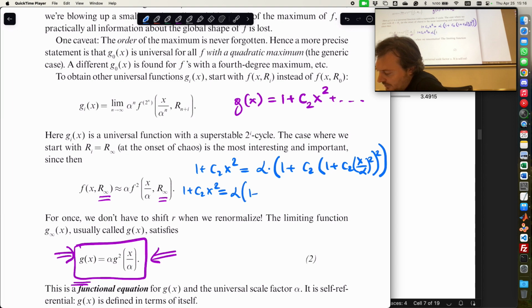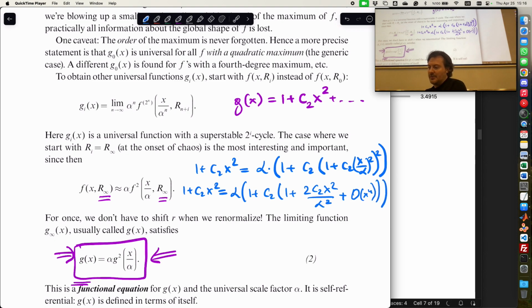Alpha times 1 plus c2 times 1 plus 2 c2 x squared over alpha squared plus something of order x to the 4, right? And we don't care about it. So far, how are we doing? Are you sure? Very good.